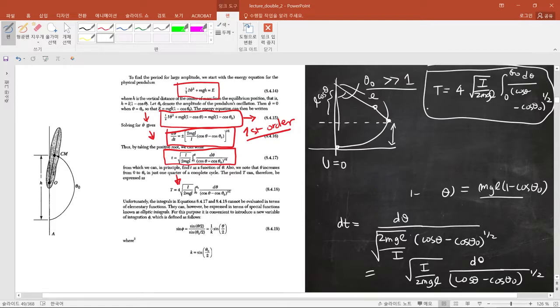This integral can be manipulated into very well-known integrals, so-called elliptic integrals. In the special functions, we will have the opportunity to encounter this function. So let me just go through this manipulation to put it into the standard form of the elliptic integral.